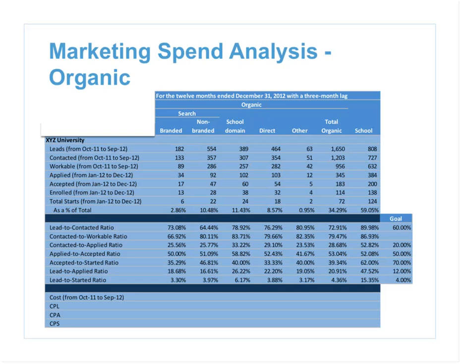So the next two slides break down the enrollment funnel by lead source. The first slide highlights the organic lead sources, and again, we're looking back 12 months. This is a lot of information, but we're measuring search traffic. And this is important, not just search overall, but the branded traffic versus the non-branded traffic.